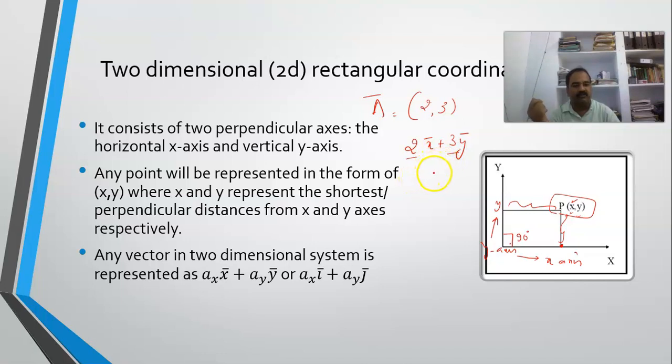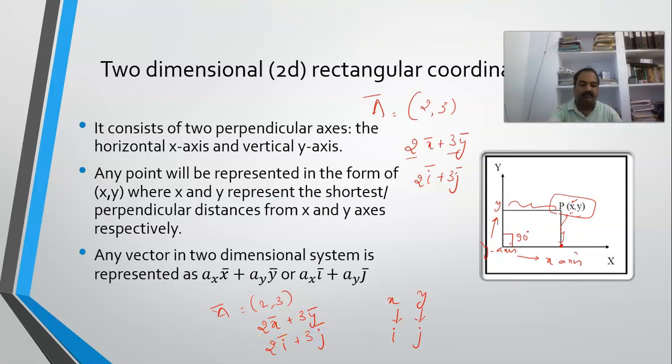Or most of the times you will be using i and j also. So I will write it as 2i plus 3j. In most of the textbooks, we do employ i and j in terms of x and y. So if let us suppose A is represented as 2, 3, then it by default indicates that it is 2x plus 3y, or you can take it as 2i plus 3j also.